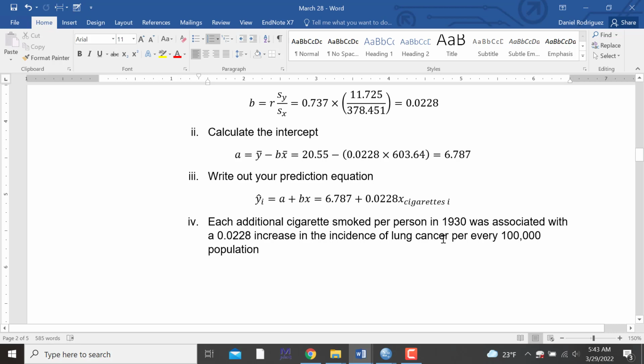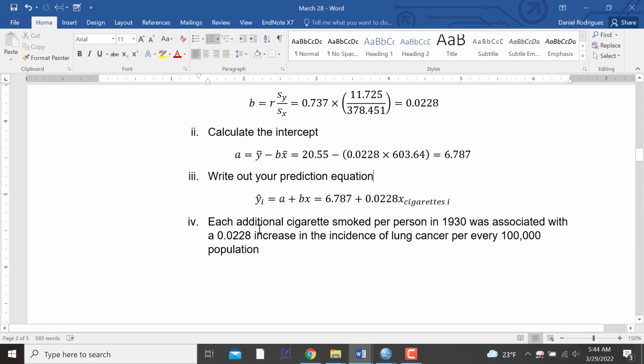We get that equation then for predicting what cancer per 100,000 is for a country. That's what this is giving. So it's going to give us for a specific country what the predicted value of lung cancer per 100,000. So if I plug in the number of cigarettes per capita, that's what I'd get.